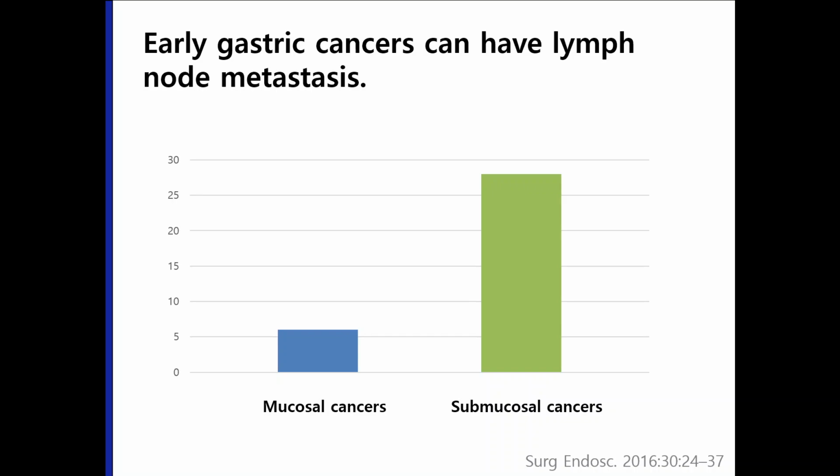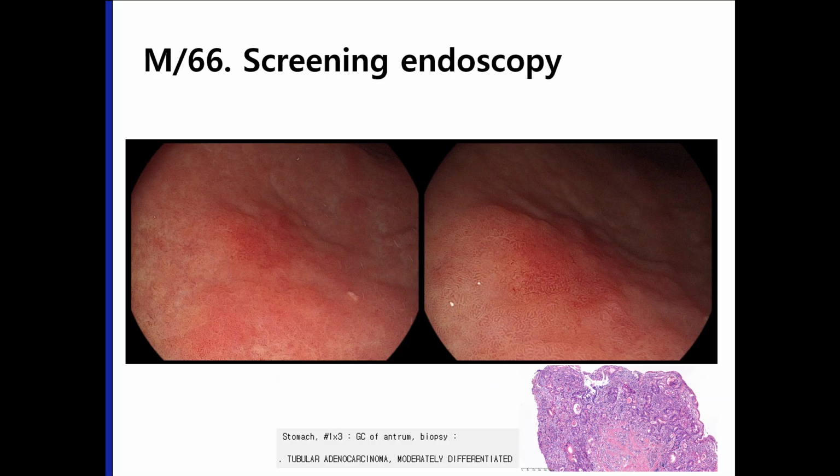According to a recent meta-analysis, the risk of lymph node metastasis is 6% for mucosal cancers and 28% for submucosal cancers. This is an example of lymph node involvement in a small mucosal cancer.